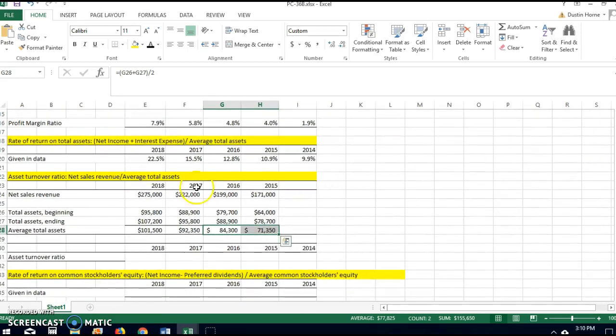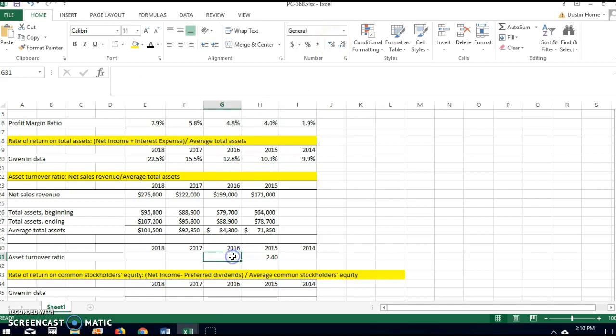And then once we get our average total assets, first we have to do that. Then once we get that number, we're going to take our net sales revenue, and I'll start back here. We're going to take our net sales revenue and divide it by our average total assets. And what we want to do here is round this. Let's round this to the hundredths.